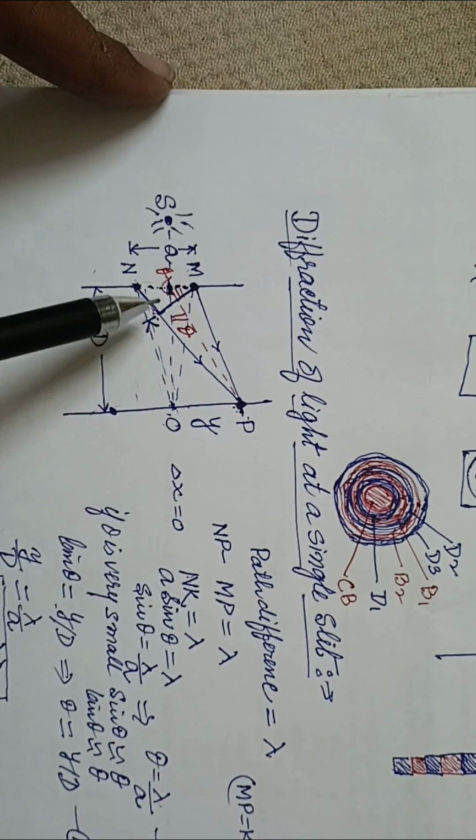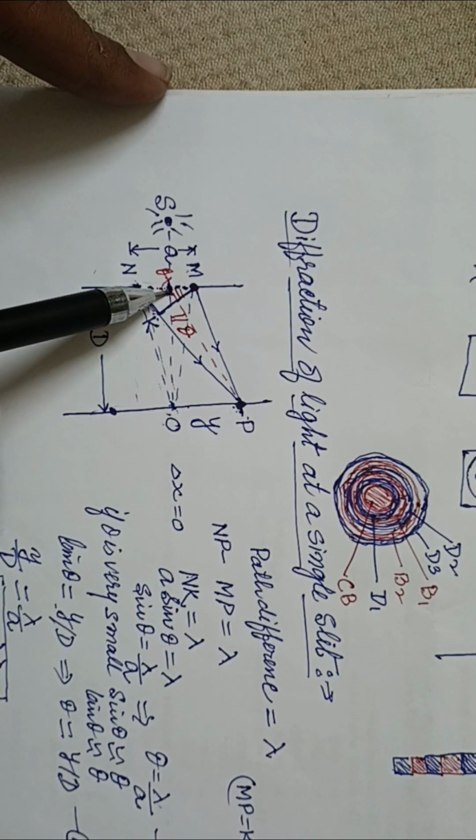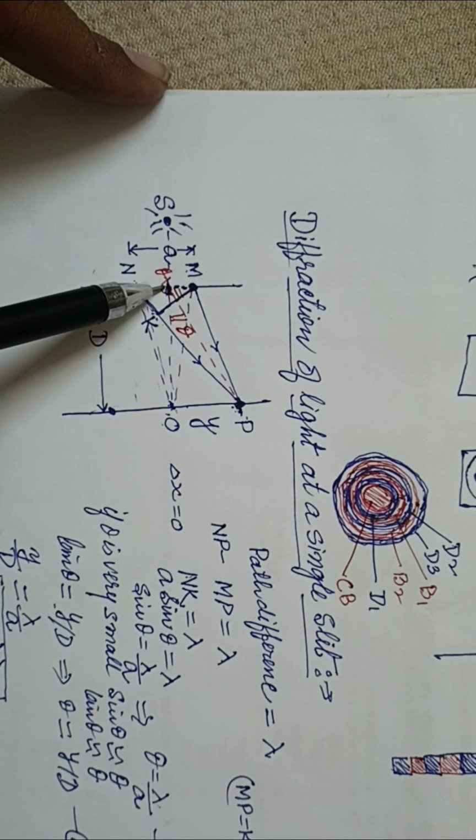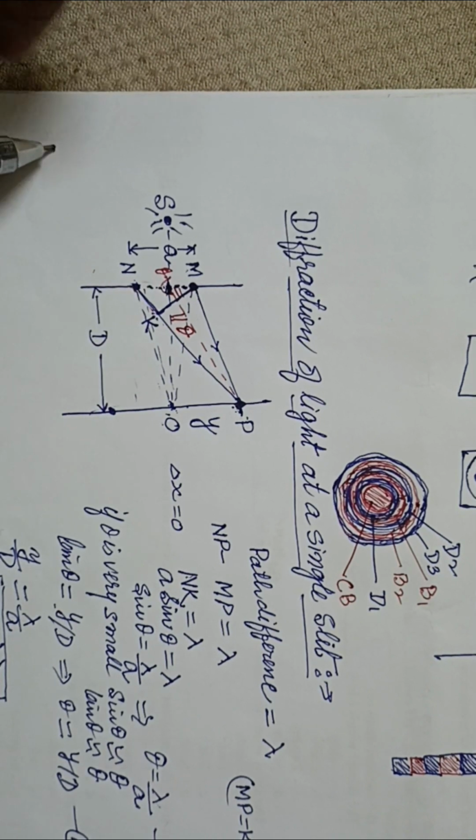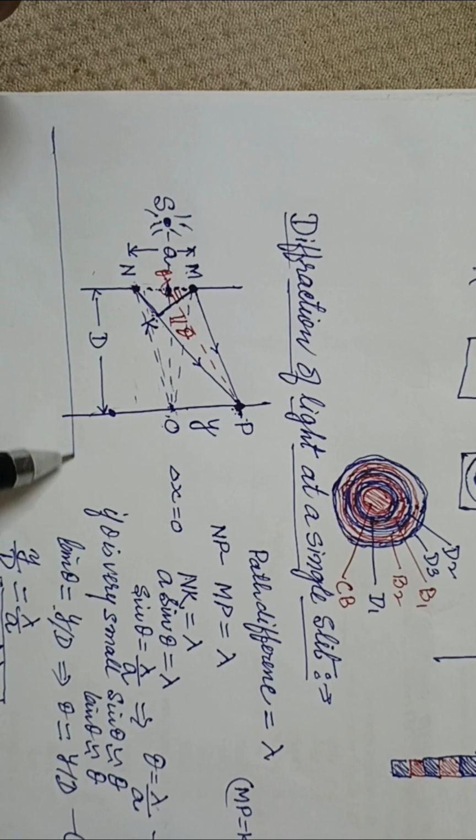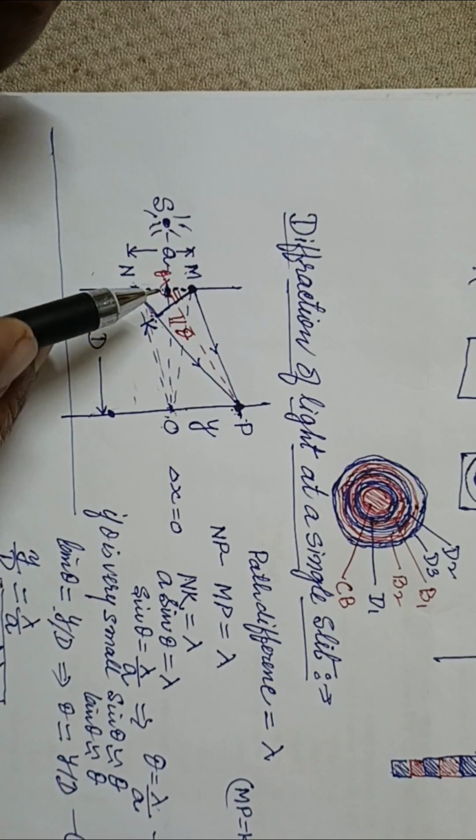So for the midpoint, the path difference between these two will be just lambda by 2, half, right.